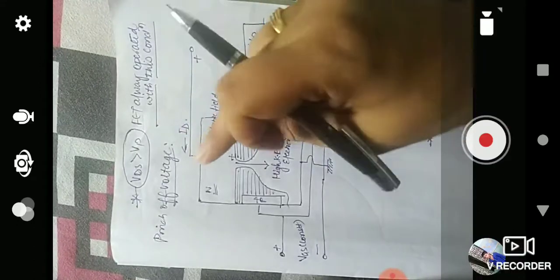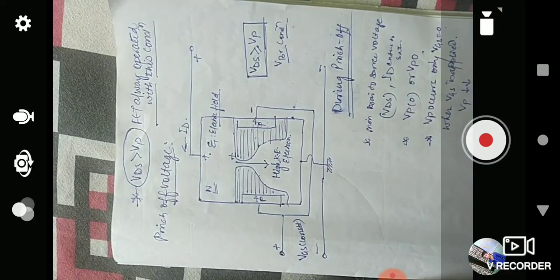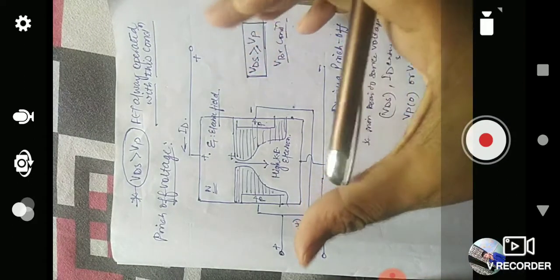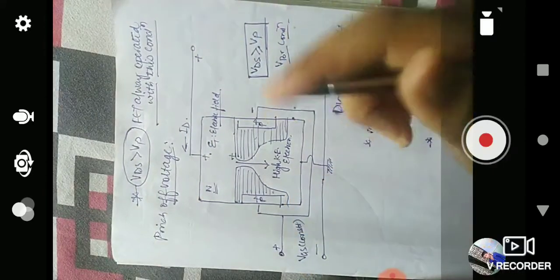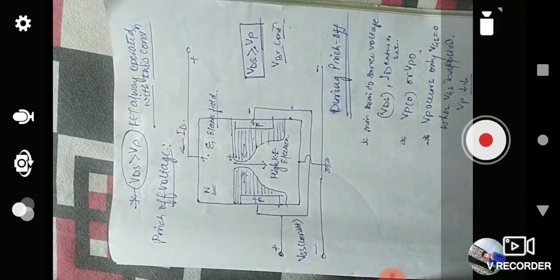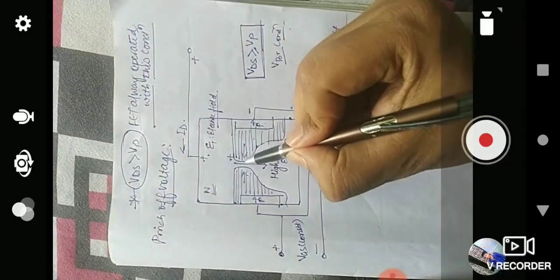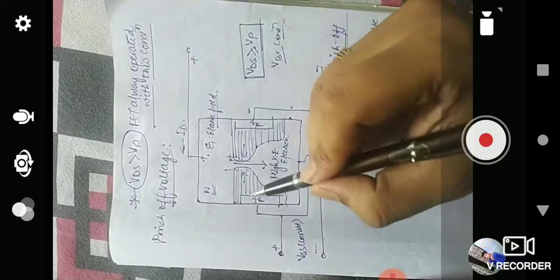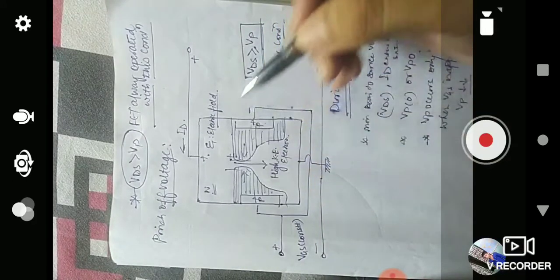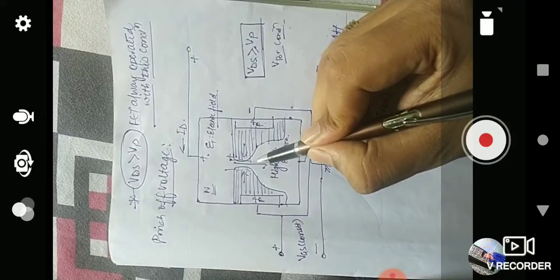That's why this P plus N junction is more reverse biased, and the depletion layer will penetrate more into the channel, and the layers come extremely close. As you see here, they both come extremely close and try to touch each other, but they are not touching.